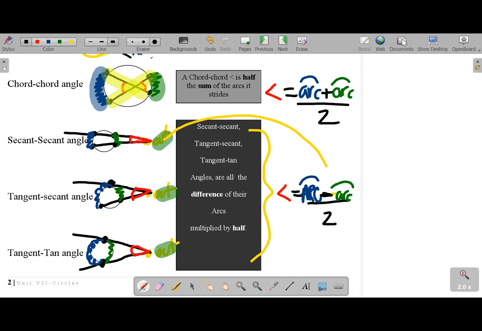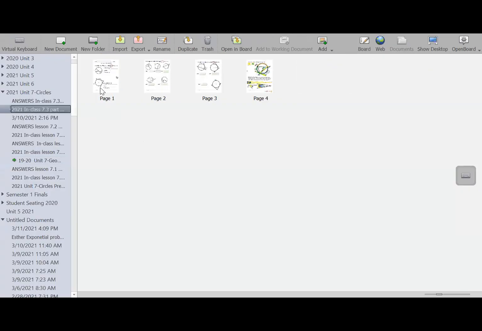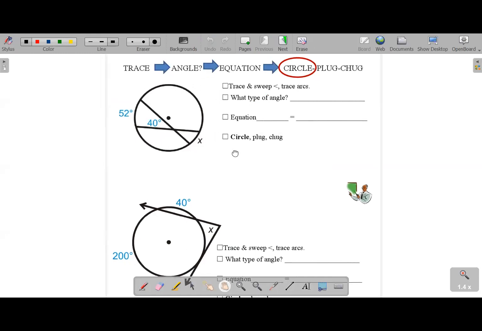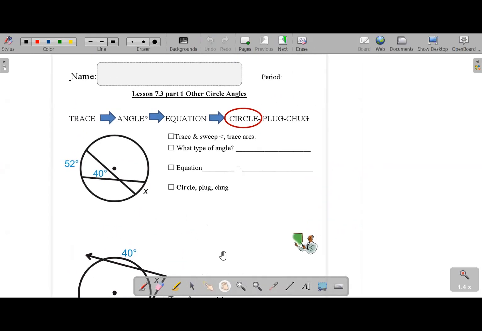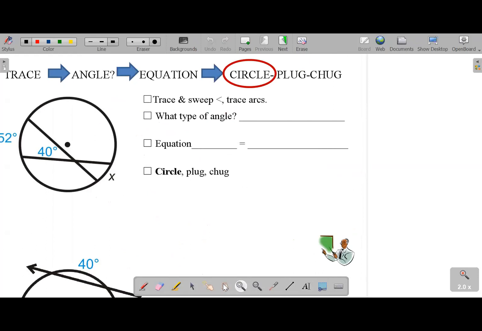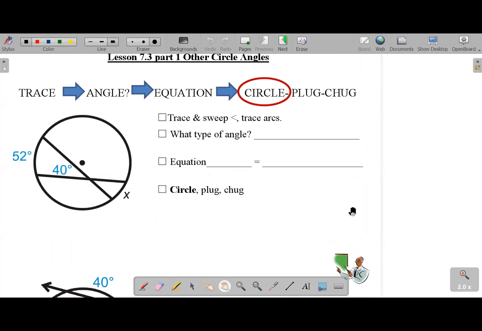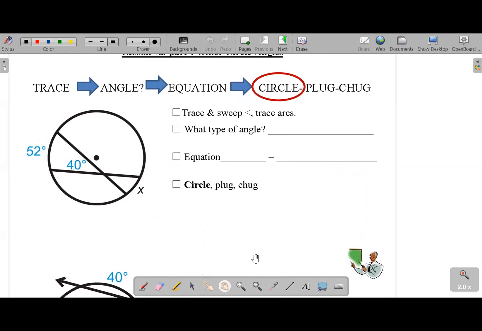You want to switch to the first page of today's lesson. Looks like this. If you follow these 4 steps, you'll never get lost.